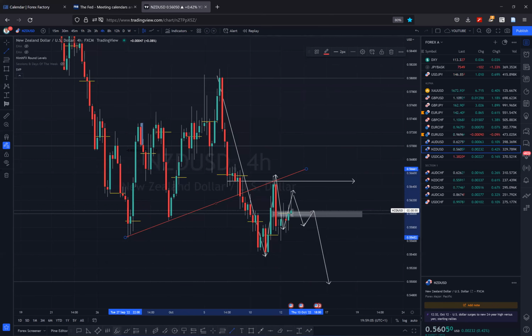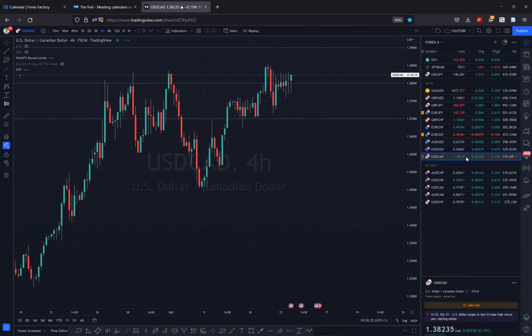You see all those nice touches here. 1, 2, break, and a retest. So this here, break below here, would be a good shot to the downside. So all things being equal, we want the dollar to continue pushing up for all these moves. So I'm still very bullish on the dollar.